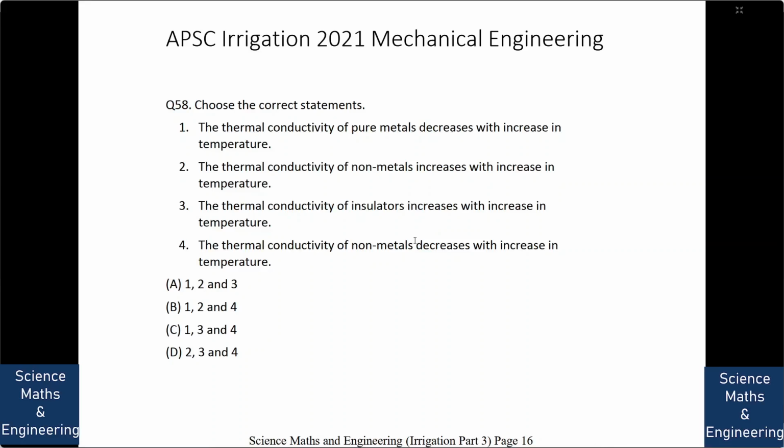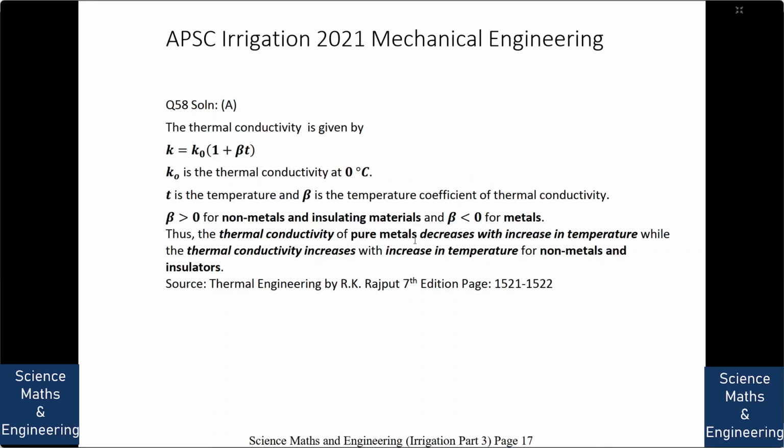The thermal conductivity of insulators increases with increase in temperature. And 4. The thermal conductivity of non-metals decreases with increase in temperature. Which combinations are the correct answers that we need to determine? So you can pause and think of the answer. So the answer is A.